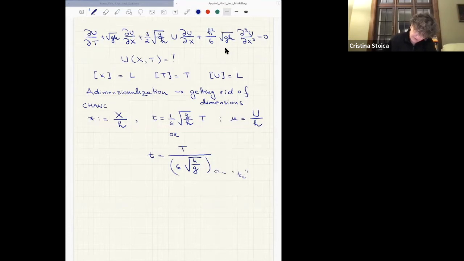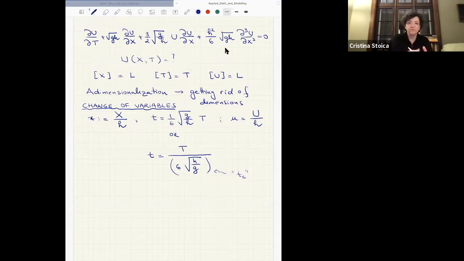So we're going to do a change of variables. How to achieve this equation with no dimensions is by a change of variables, in which we basically divide each of the physical variables that are showing up in the problem by a characteristic scale in that particular variable.